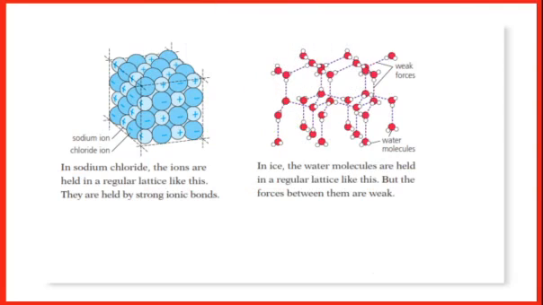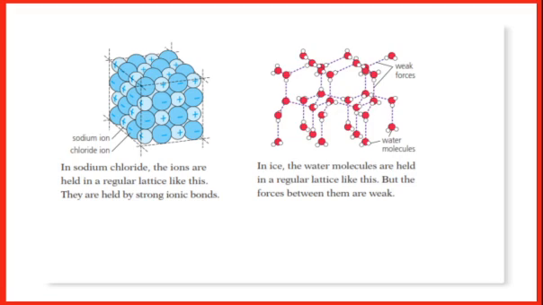Look at the lattice of sodium chloride. The ions are held in a regular lattice, just as you can see, and the force of attraction between the particles is strong.